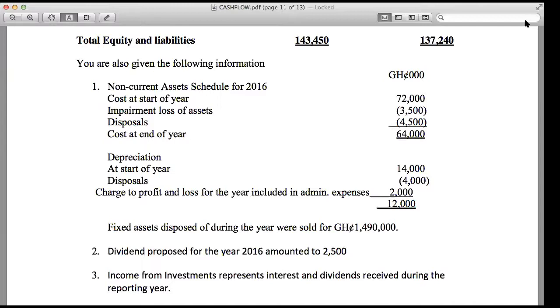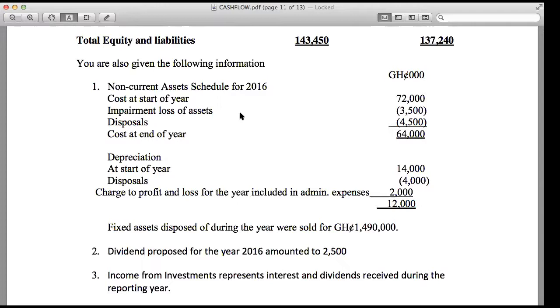So cost at the start of the year, 72,000.